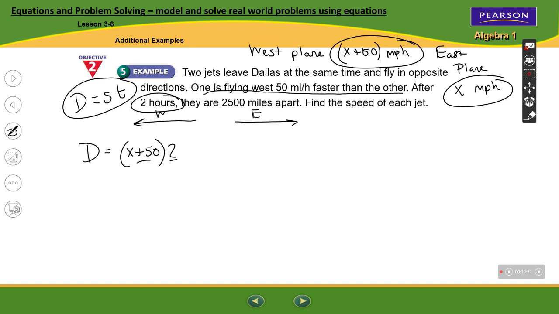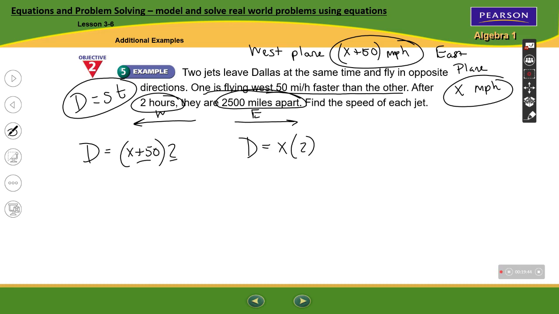The east plane, we don't know the distance, again, but we do know how fast it's going. It's going x, which we don't actually know, but we're calling it that. And we know it's going for 2 hours. Okay, well I got 2 distance equations. What do I know about them? They're not equal this time because they're going different speeds, but I do know that they add up to 2,500 miles because that's how far apart they are.